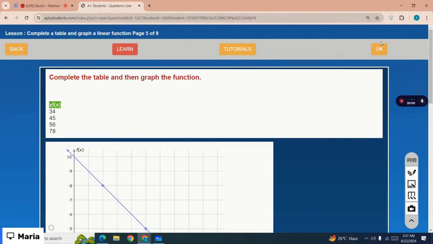Complete the table and then graph the function. The correct option is x is 3, y is 4.